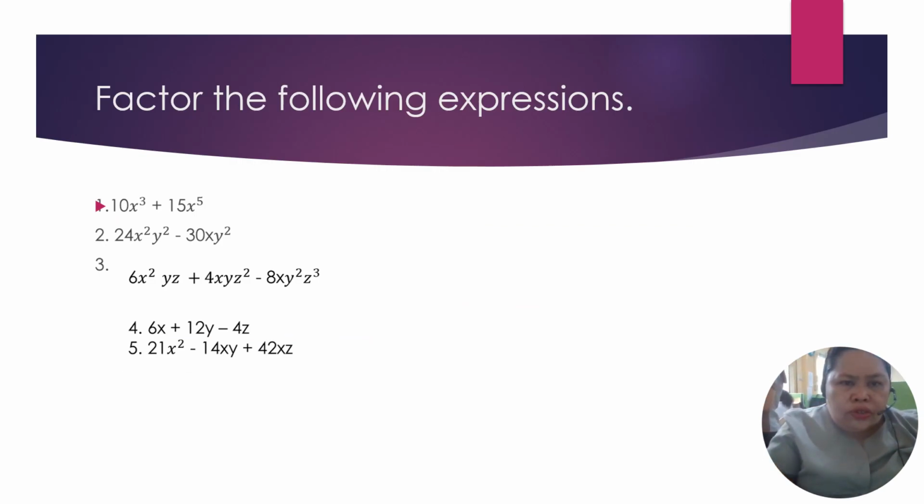Okay, let's try to factor the following. Here the common factor is 5x cubed. 15 divided by 5 is 3, and then 5 minus 3 is equal to 2, so x squared.